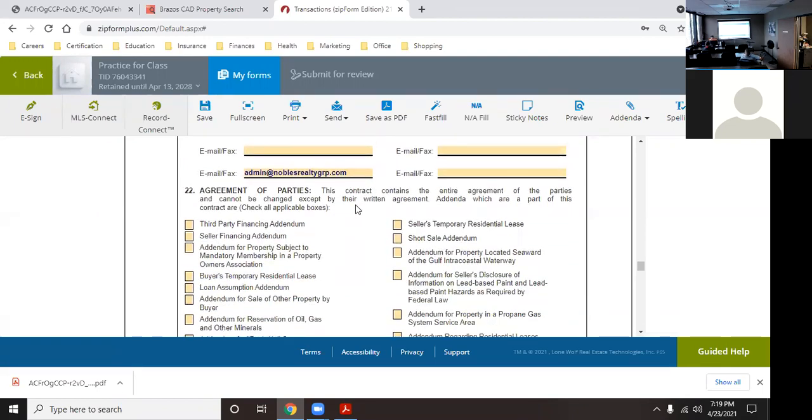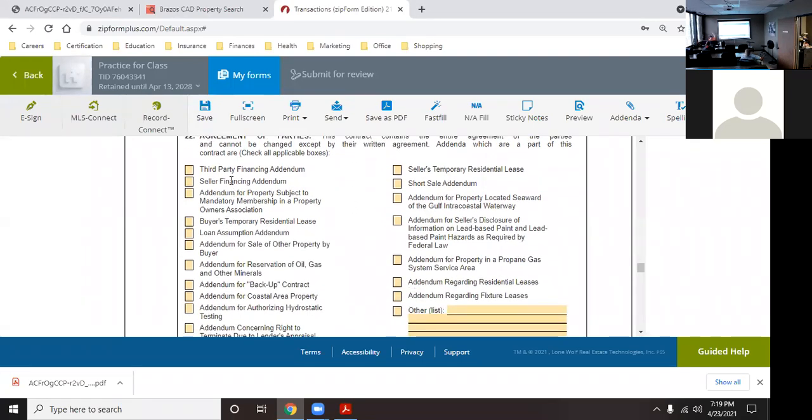Agreements of the parties. So this contract contains the entire agreement and cannot be changed except by written agreement. Addenda, which are part of this contract, are, and then you check below. So, everybody remembers, we are doing third-party financing for this, so I would check that addendum.